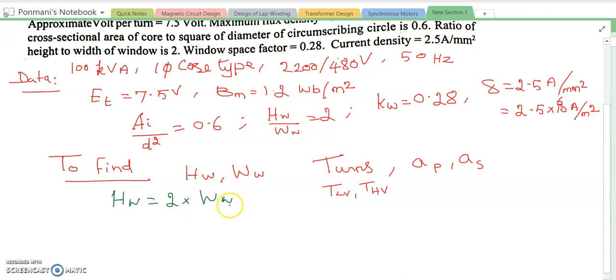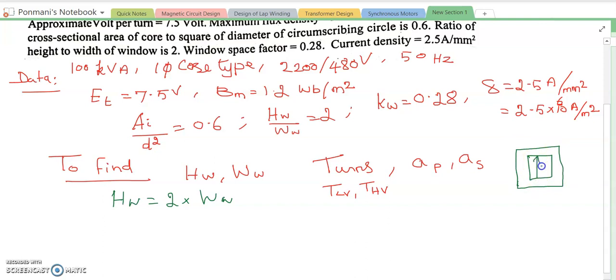So then how can we calculate height of the window and width of the window? That we need to calculate from area of the window. So actually this will be the window in a single phase core type transformer.